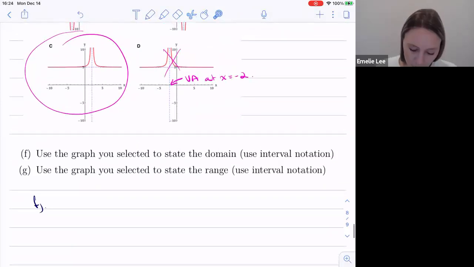One thing that I will say is if you happen to pick the wrong graph, then that's okay, as long as you do the domain and range according to the graph that you picked. It takes me way longer to mark that way, but I just think it's fair, right? How are you supposed to know that you picked the wrong graph?